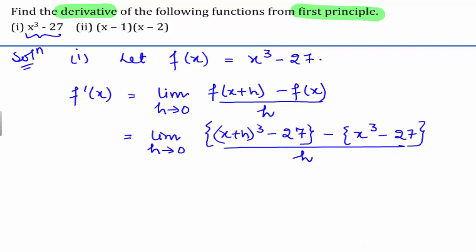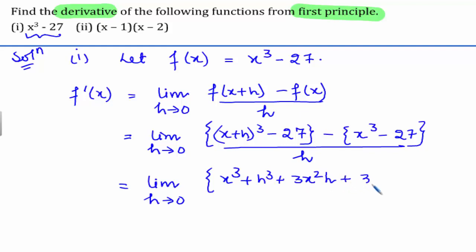This is equal to limit as h tends to 0. Now we know that x plus h whole cube is given by x cube plus h cube plus 3x square h plus 3x h square, minus 27. Now opening the second bracket we have minus x cube plus 27, whole divided by h.